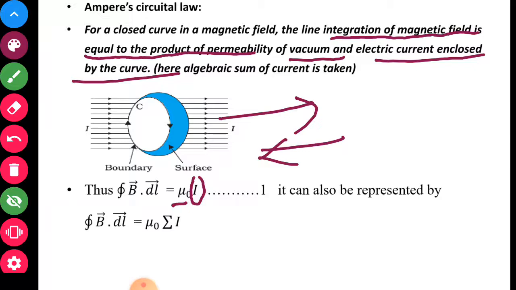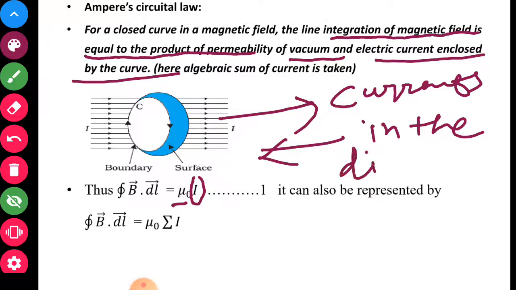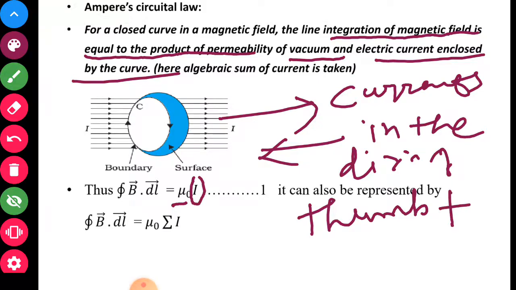Try to understand: currents in the direction of thumb are taken positive and the other currents, opposite to it, are taken to be negative. So closed integration B dot dl is equal to mu 0 I.